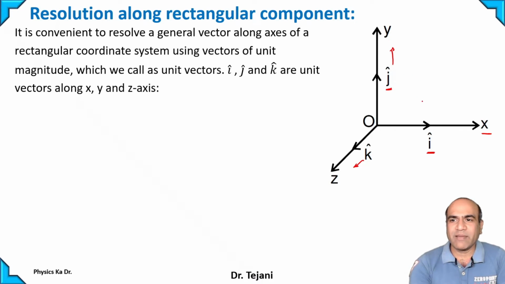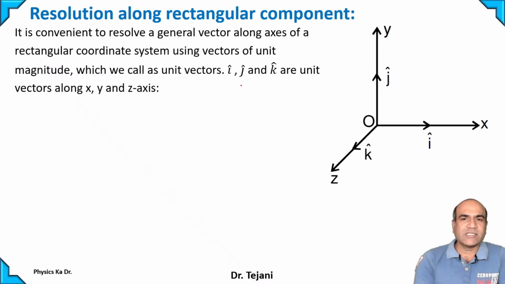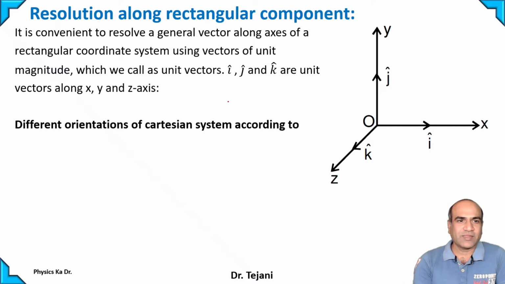We know that a cap, the i with a cap symbol, is used to show a unit vector. We already studied what a unit vector is, so no more detail is required for that. This is very convenient when we go with rectangular coordinates using a Cartesian coordinate system.